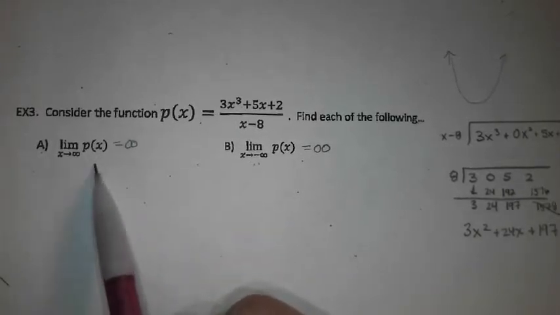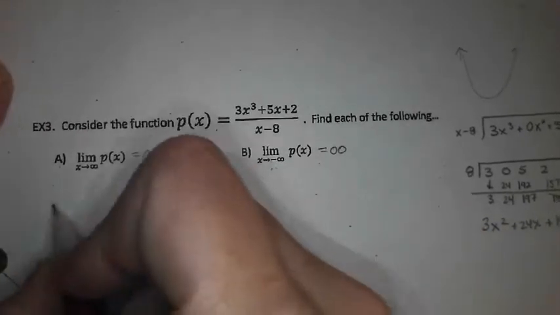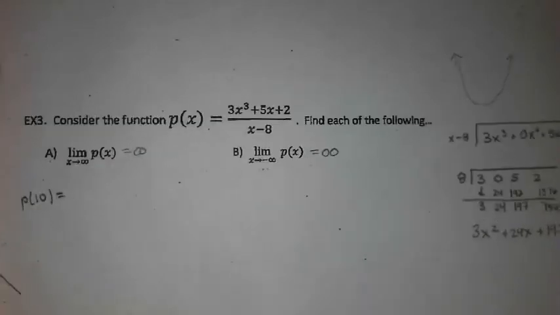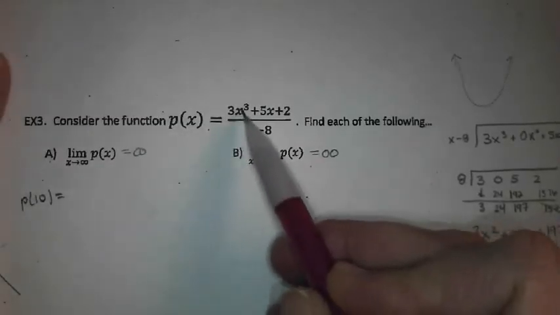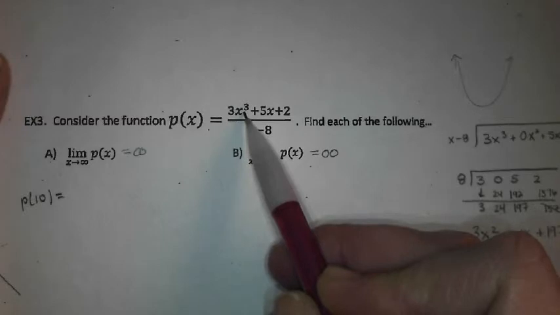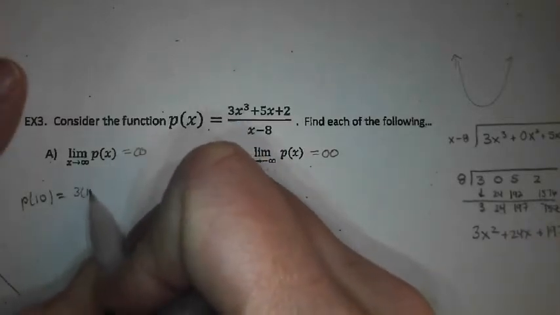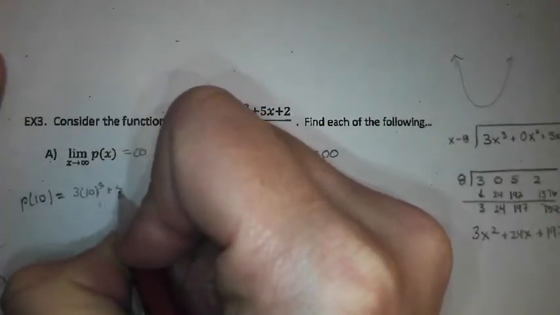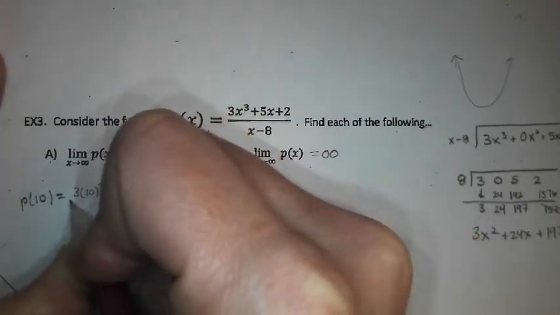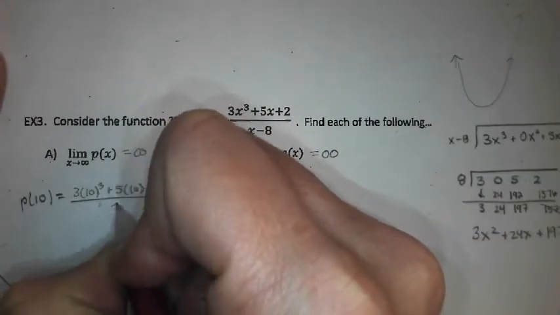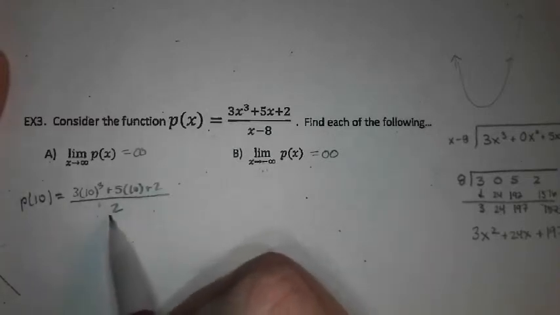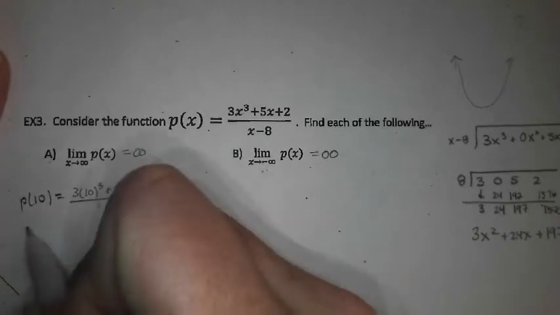But as you approach infinity, if I plugged in 10, p of 10, which is nowhere near infinity, but I'll come back, I'm going to get 3 times 1,000, right? 3 times 10 cubed plus 5 times 10 plus 2 over 2, really. Which is a really big number divided by 2, so probably still a pretty big number.